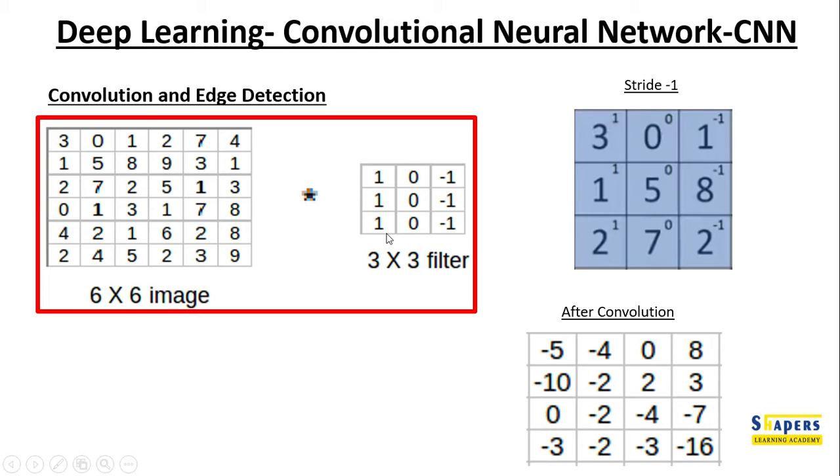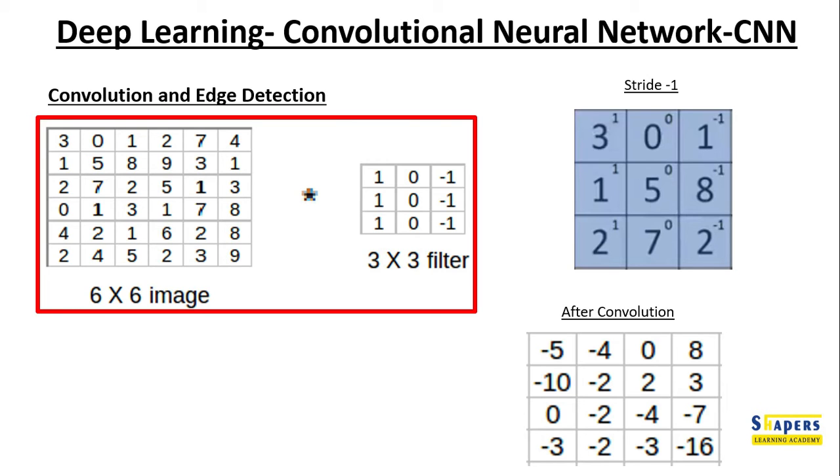In a similar way, this 3 cross 3 filter will pass over the entire picture in strides. When the 3 cross 3 filter is placed here, we call it stride number 1. When it moves one step ahead, we call it stride number 2. When it moves one step further, it is stride number 3.